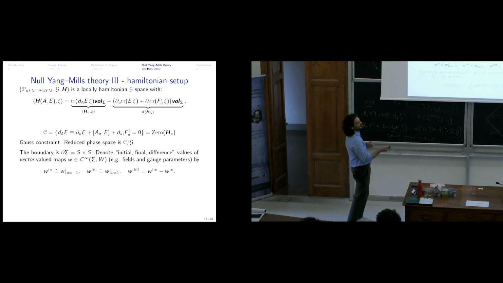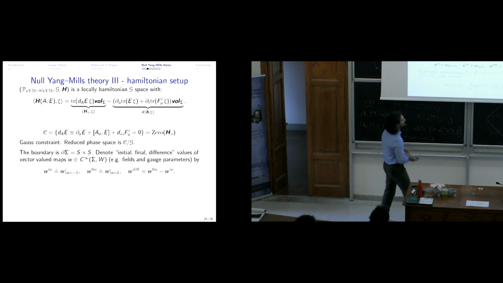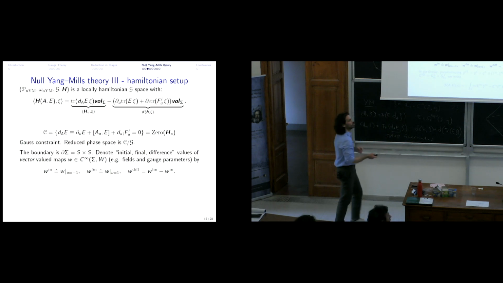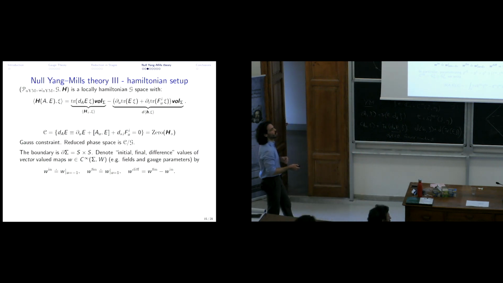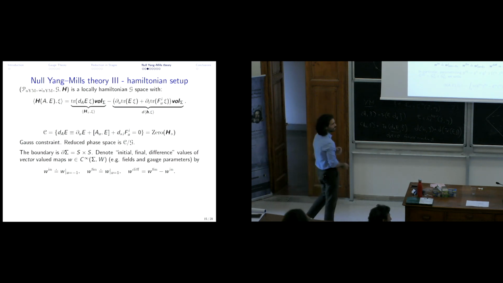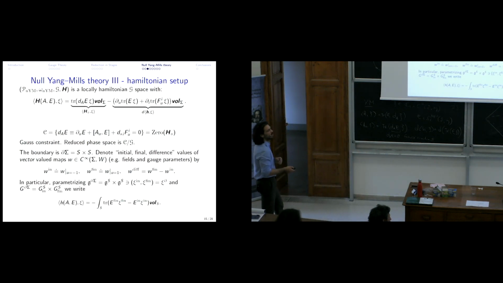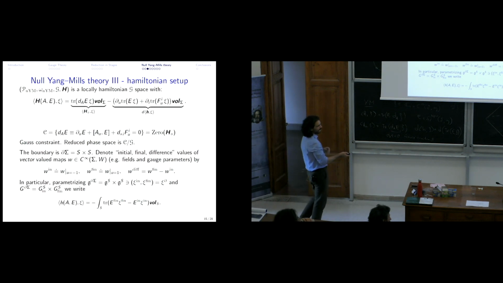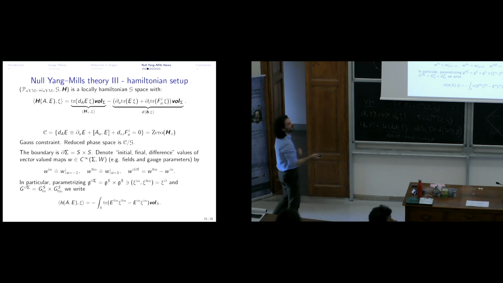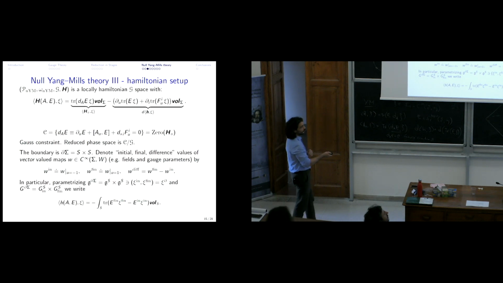Since we have two boundary components, which we can think of as incoming and outgoing, or initial and final spheres for this cylinder, I'm going to denote vector valued objects as initial, final, or their difference, using this language. In particular, if I parameterize the mapping Lie algebra at the boundary of this sigma manifold using this language, I can rewrite the flux form in this way.